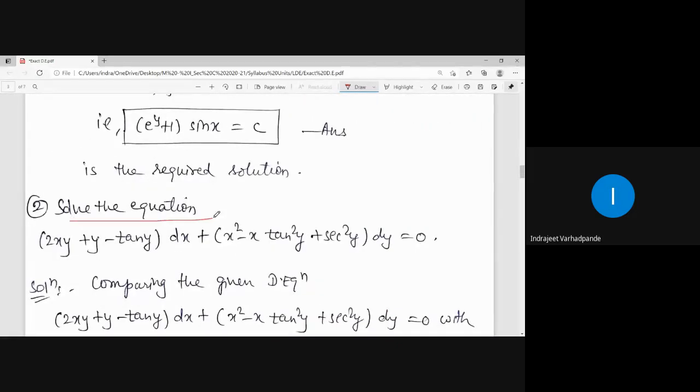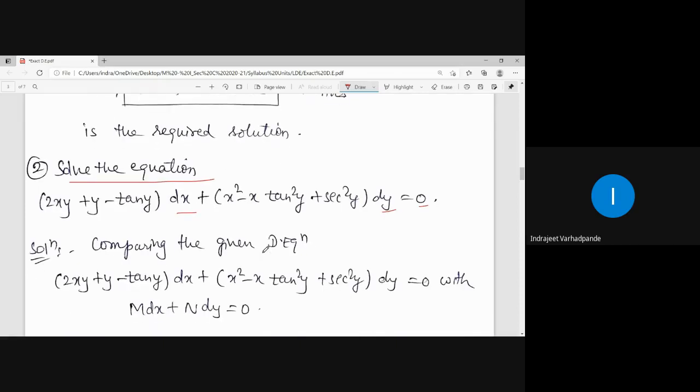Solve the equation (2xy plus y minus 10y) dx plus (x square minus x into 10 square y plus x square y) dy is equal to 0. Initially, when we are able to find the given expression in the ready-made form M dx plus N dy, I should go for checking it for exactness.